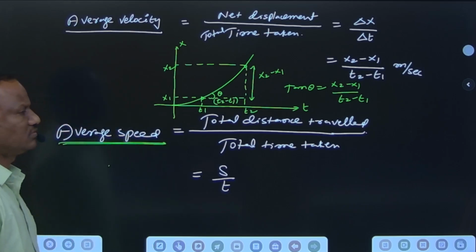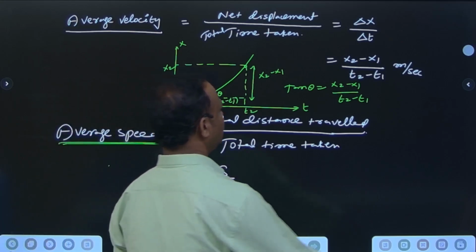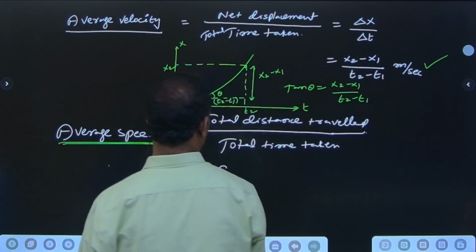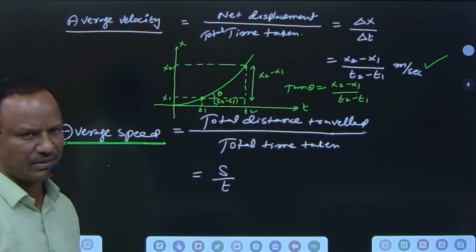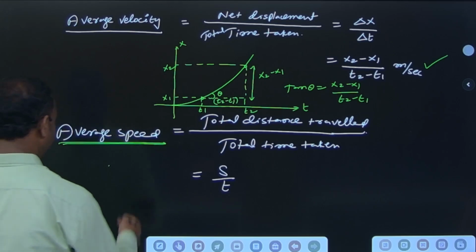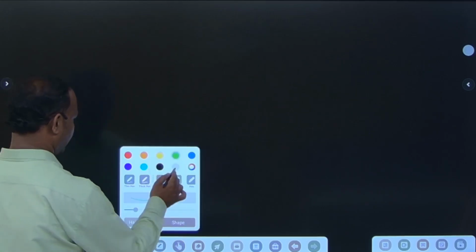So what are the problem solving tricks for average velocity and average speed? Average velocity means only delta x by delta t, x2 minus x1 by t2 minus t1. Now what about average speed?